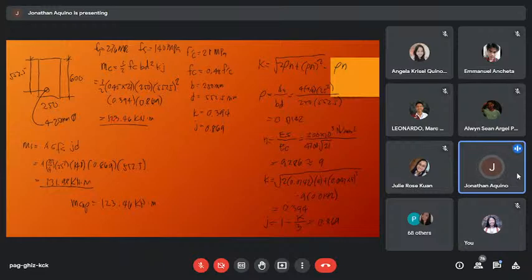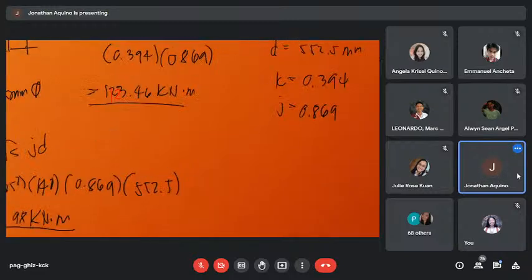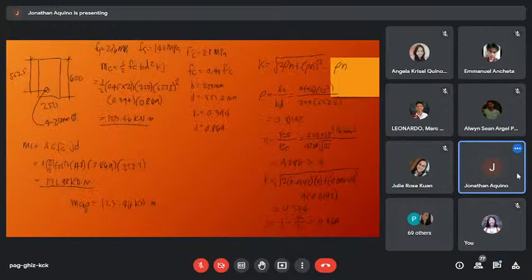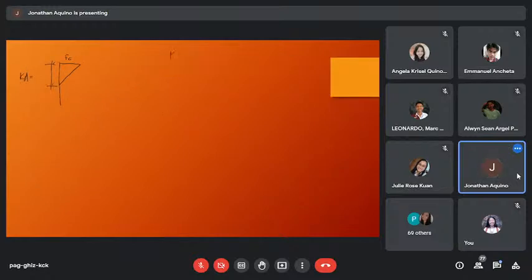So how about if we solve the problem considering the internal couple? Considering the internal couple, we have the stress diagram like this one. So this is FC, this is KD, which is equal to 0.394 times D of 552.5.